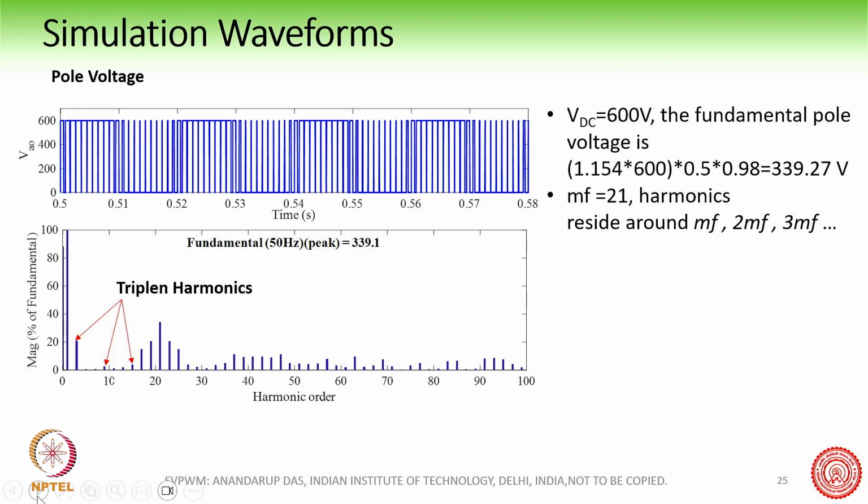Here we show you some of the simulation waveforms. Suppose we have used VDC equal to 600 volt. How much is the fundamental pole voltage when you use space vector PWM?